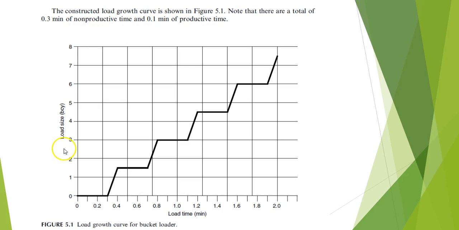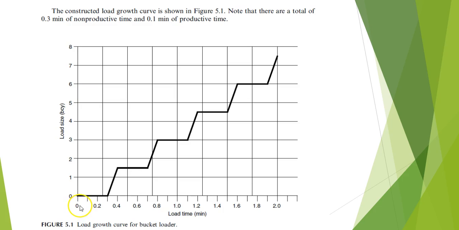And this curve has load size, that's for the bucket, bank cubic yards along the vertical axis, so 1, 2, 3 bank cubic yards, and then along the bottom is time in minutes.